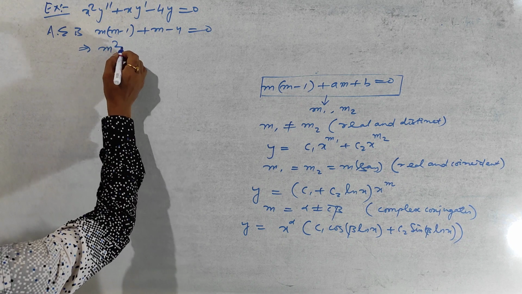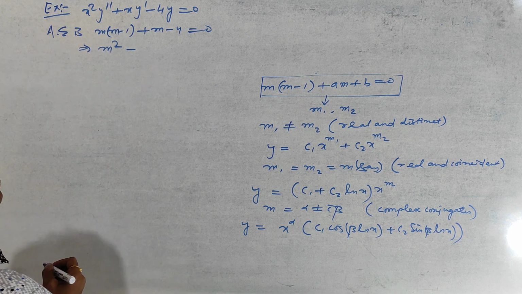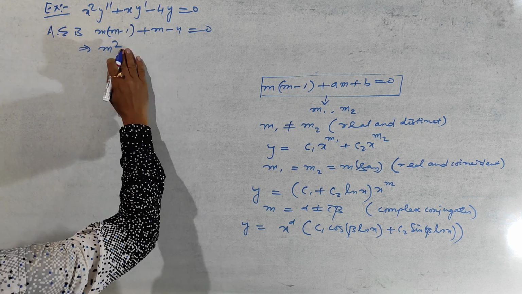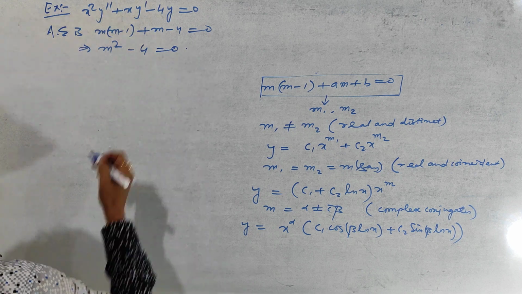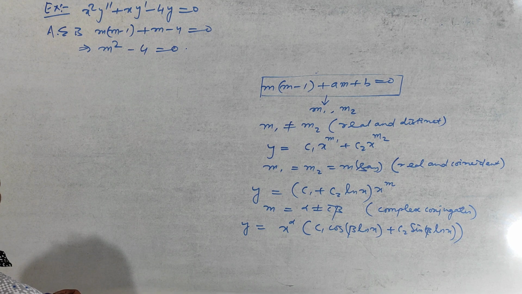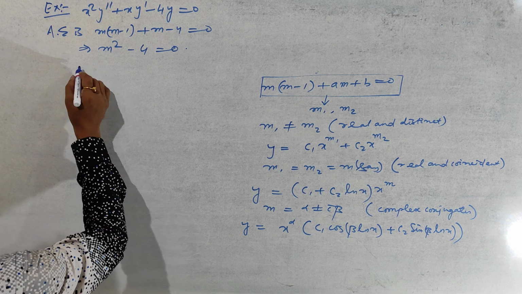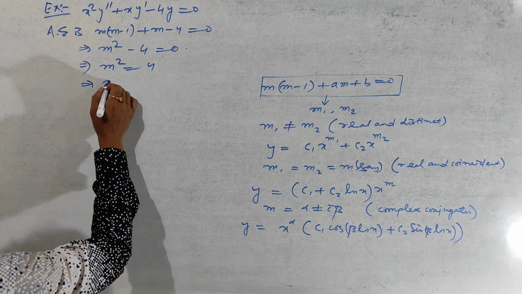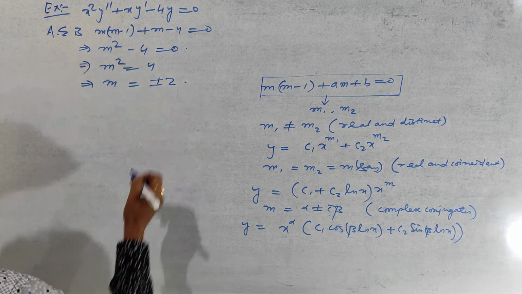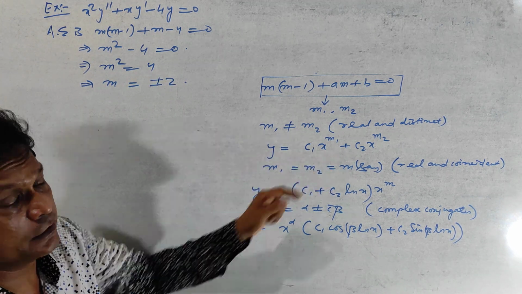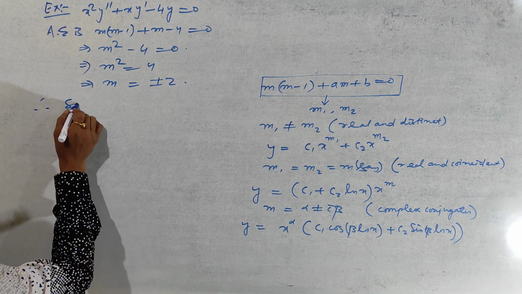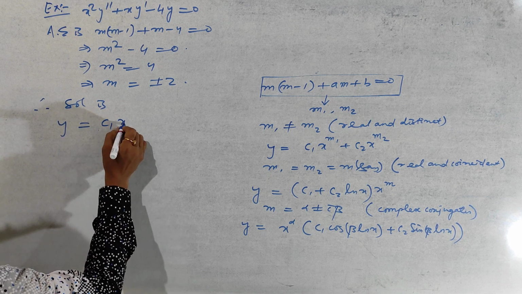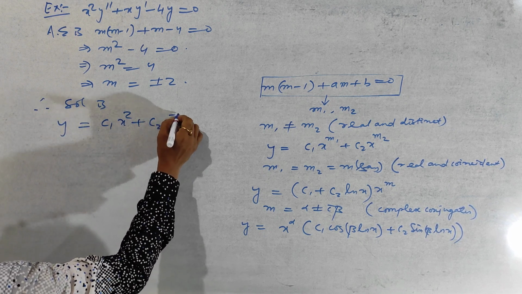That means it is m squared, minus m plus m cancel out, minus 4 equal to 0, so m squared equals 4 and m is equal to plus minus 2. This is the first case. Therefore the solution is y equal to c1 x to the power 2 plus c2 x to the power minus 2. Clear?